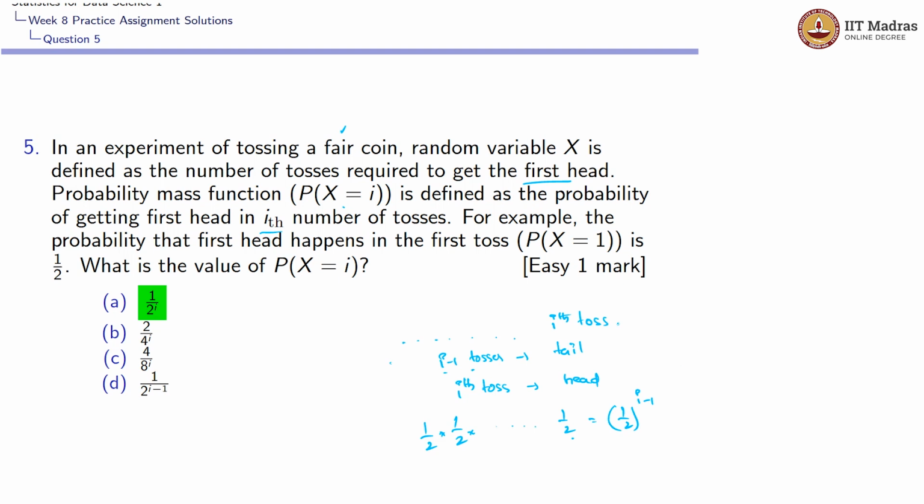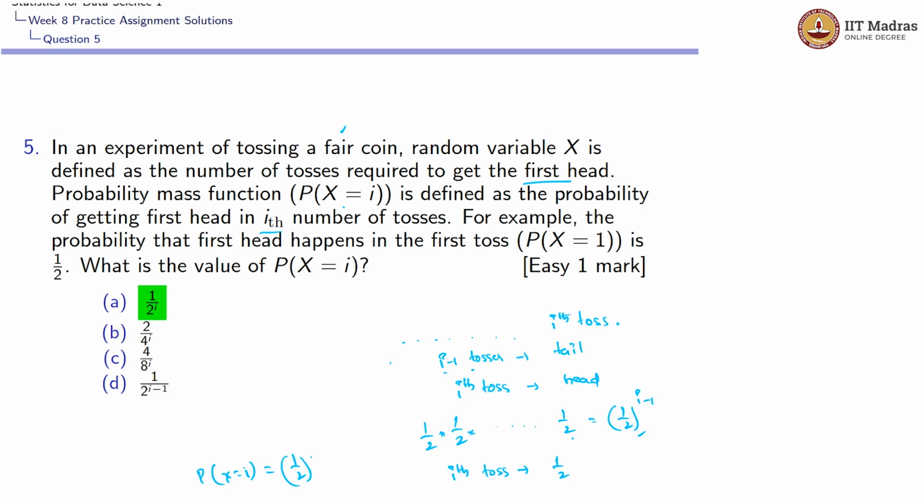And at the ith toss we should be getting the first head. So exactly at the ith toss we will be getting a head. That means the probability of getting a head in the ith toss should be again half, since it is a fair coin. So the probability for x equal to i would be, I should be getting tails until i minus 1 tosses.